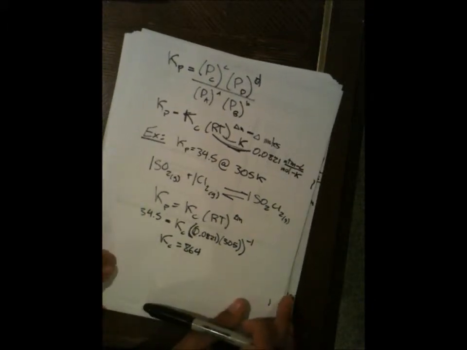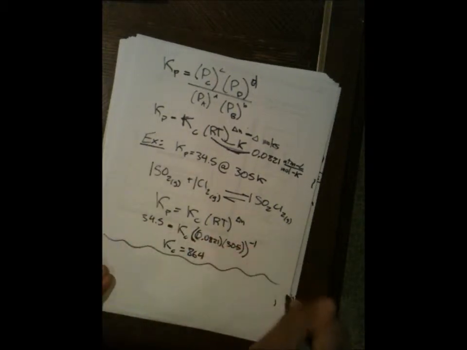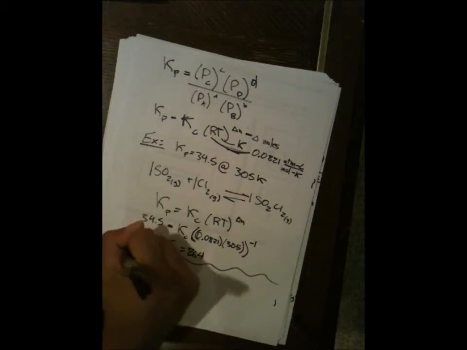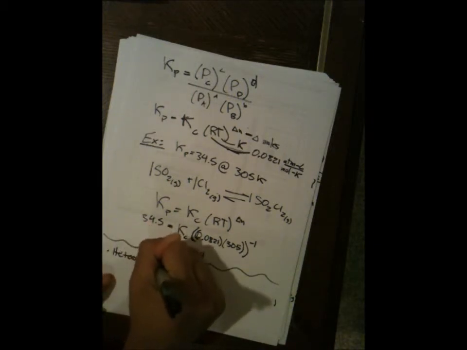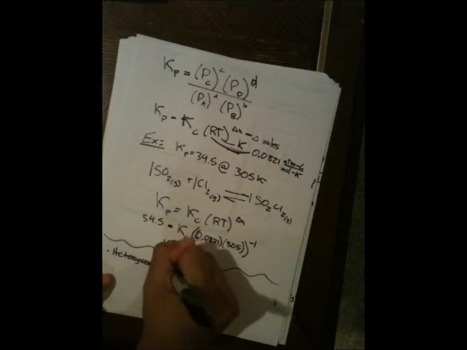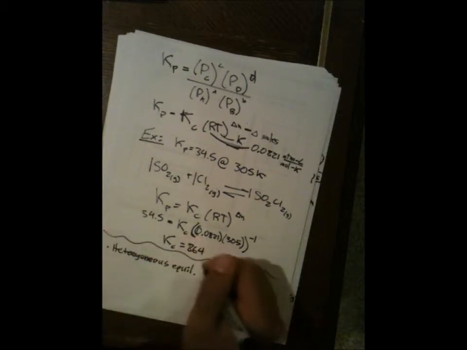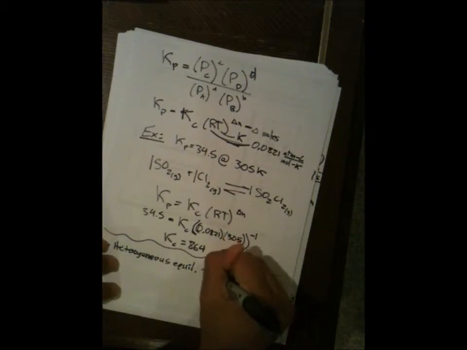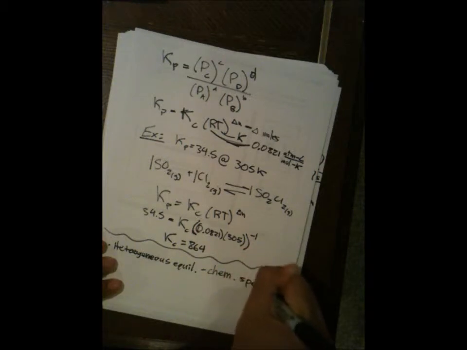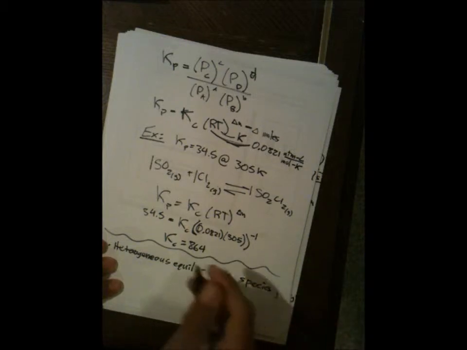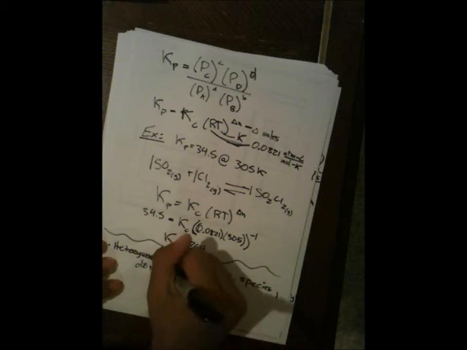There's something called, this is just for definition, heterogeneous equilibria and homogeneous equilibria. So you can kind of tell the difference. Heterogeneous is where all the chemical species in the reaction don't have the same states, and by states I mean like gas, solid, liquid, aqueous.